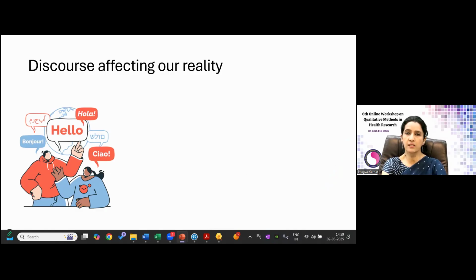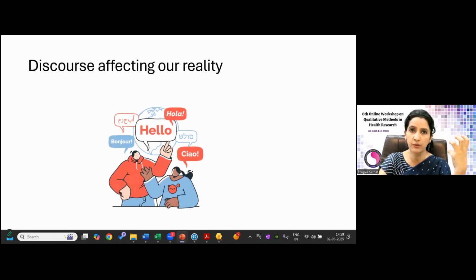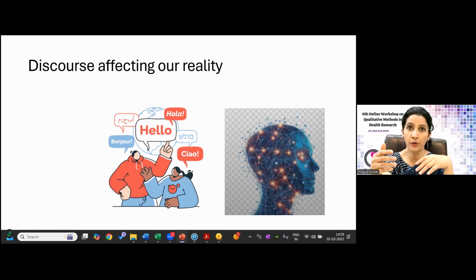So how does this discourse affect our reality? Yes, it affects our reality because whatever we are learning, that is through these words. Like if you see advertisements, they do a lot of this discourse analysis.